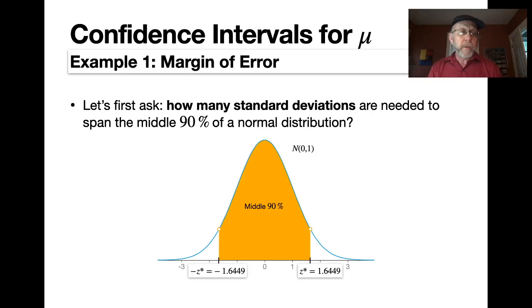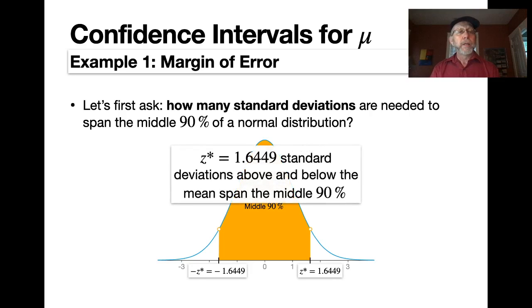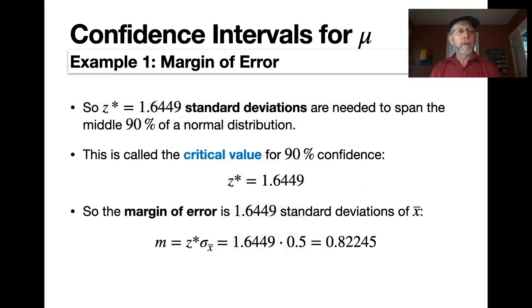If you were looking for a different middle percentage, you would get a different z star. We're going to call those z star values critical values. So we need 1.6449 standard deviations above and below the mean to span the middle 90%. This is called a critical value, as I mentioned, for 90% confidence.